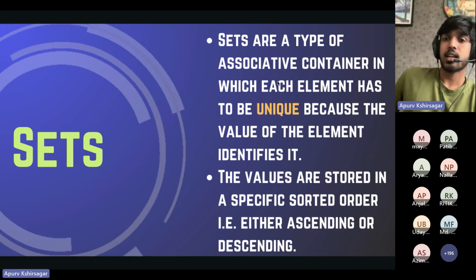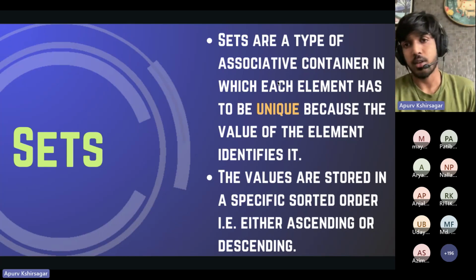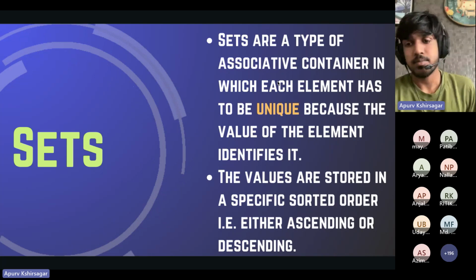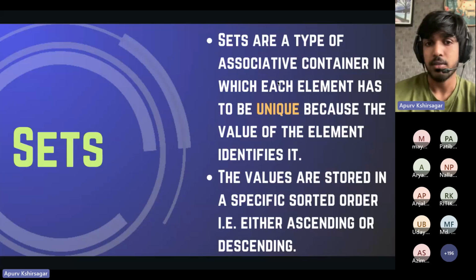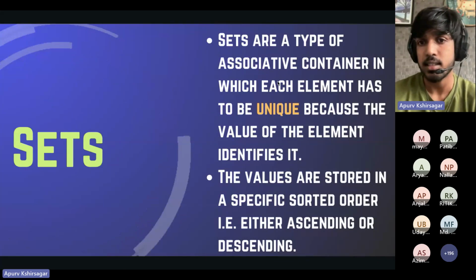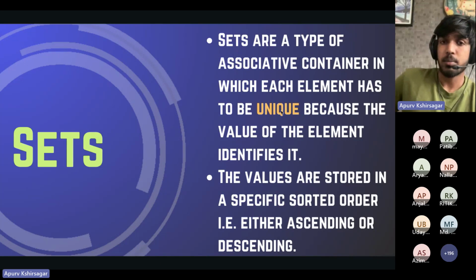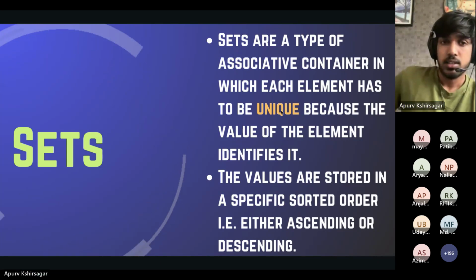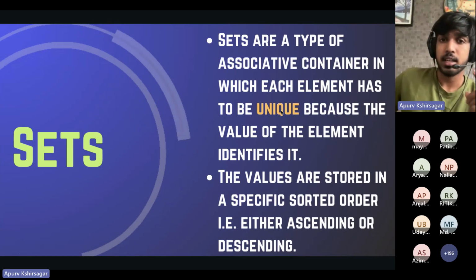The thing is, it doesn't have a key, it doesn't have any pointer along with it. The value itself represents its pointer. We can say in sets, that's how it is. So I've highlighted the word unique because that's one of the peculiar properties of sets. Whenever you think of sets, I want you to think of only two things. First is unique and second is sorting.